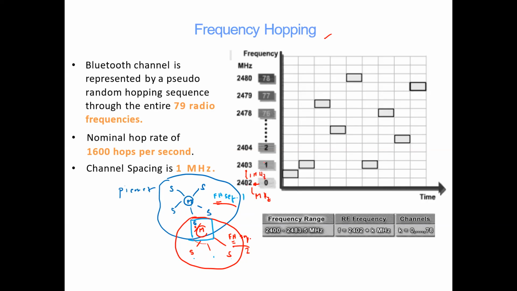Then another channel will be here, and so on. So in total, there are 79 radio frequencies. The bandwidth is very wide, 79 times the original bandwidth. I think you understand the concept already about jumping in the packet.